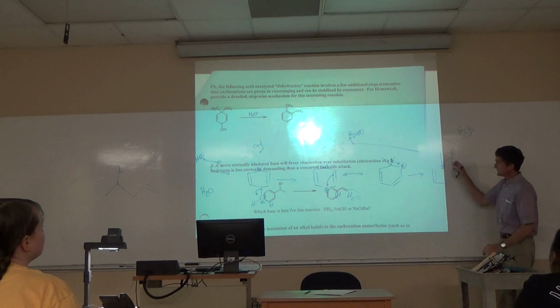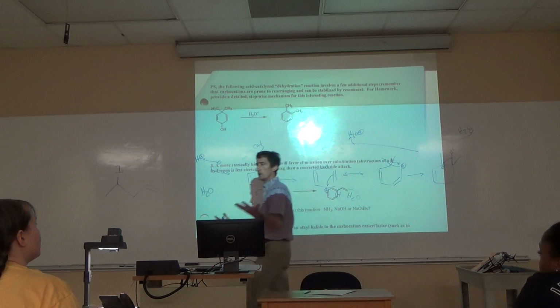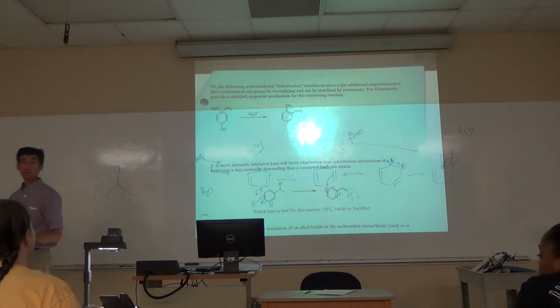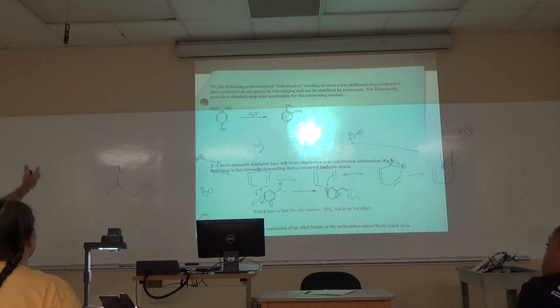Then we had the fast beta elimination. Because cations, you've got to always be aware of what? Rearrangements and resonance. From now on, anytime you see a cation, no matter how it's formed or what mechanism, they're always prone to having rearrangements and being subjected to resonance.